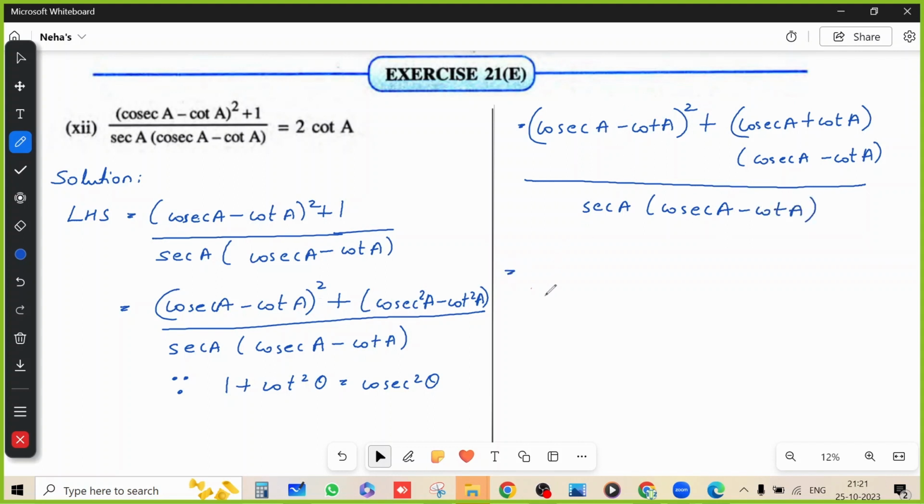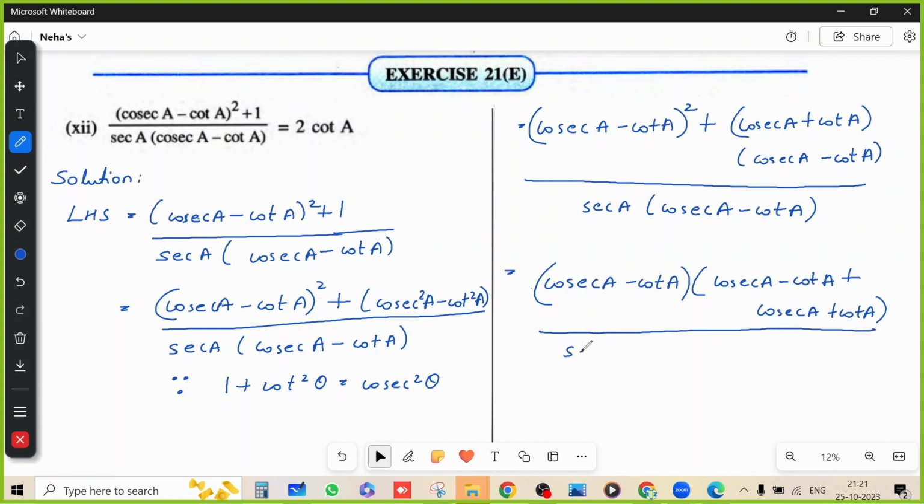So now we can take out cosec A minus cot A common from both the expressions here in the numerator. So this will become cosec A minus cot A, and from here we can write cosec A plus cot A in the bracket, and this is divided by sec A into cosec A minus cot A. Now cosec A minus cot A will get cancelled out in the numerator and denominator.